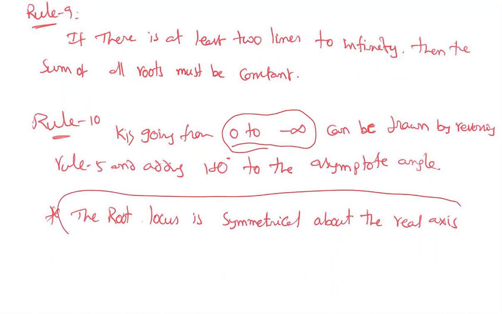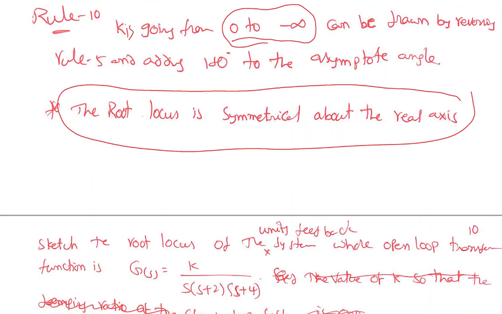Another important point: the root locus is always symmetrical about the real axis. So say I have the x-axis and y-axis, and say I have a root locus something like this, above the x-axis.